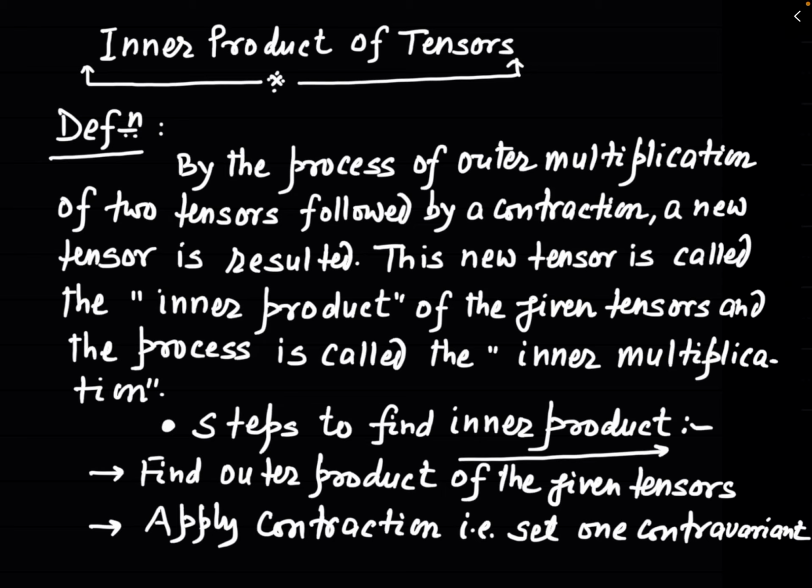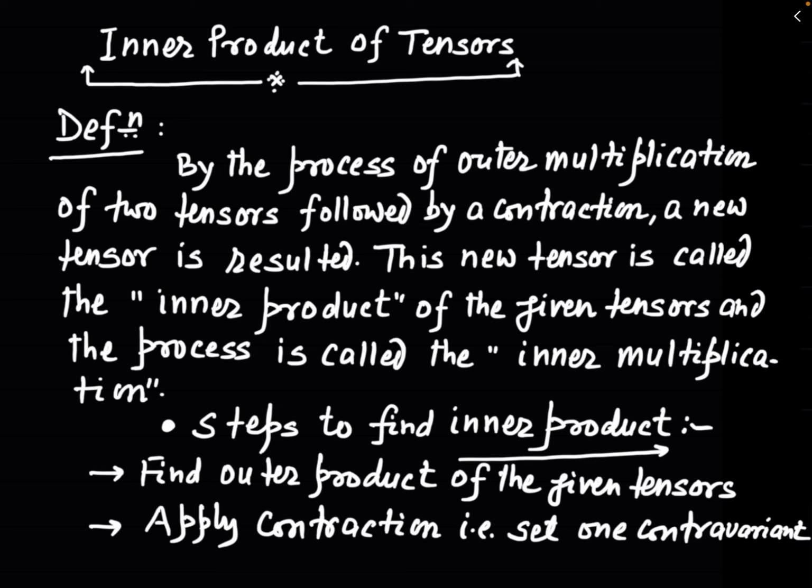Actually, when you say inner product of tensors, that means it is a process to find, first of all, the outer product of tensors, and the tensor which is obtained after the outer product suffers a contraction.